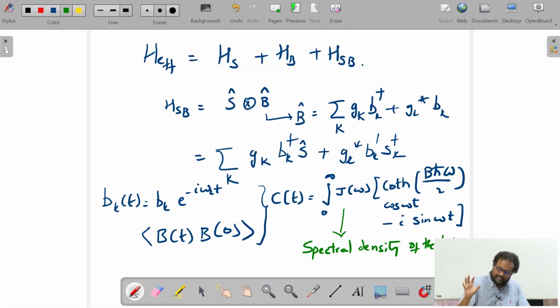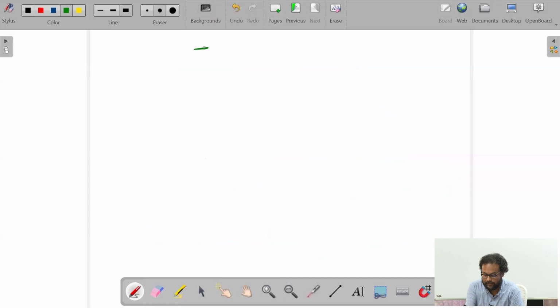So it so happens that the spectral density of the bath is the critical aspect, and depending on different properties of the bath, you can get different kinds of behavior. For example, it can also be shown that the spectral density has a very specific form. It is dependent on the frequency itself. That's a very important thing. Dependent on frequency with some efficiency.